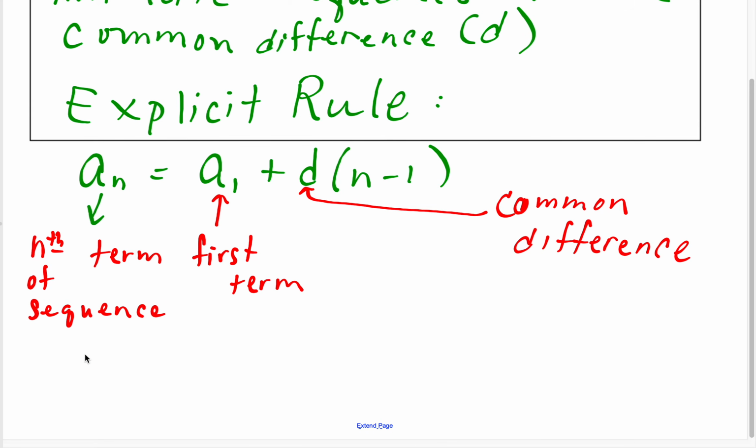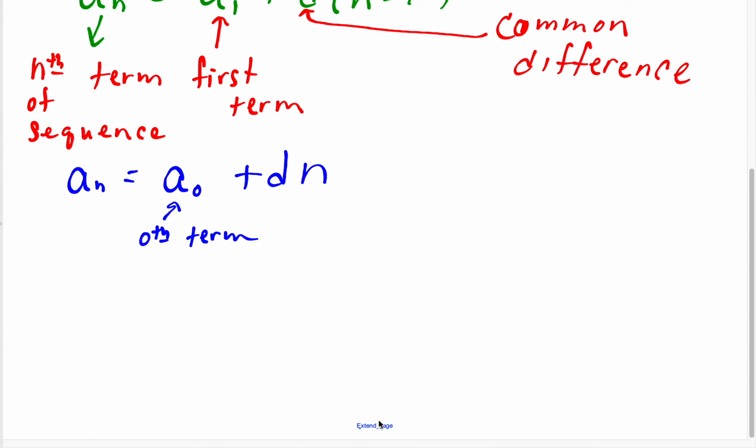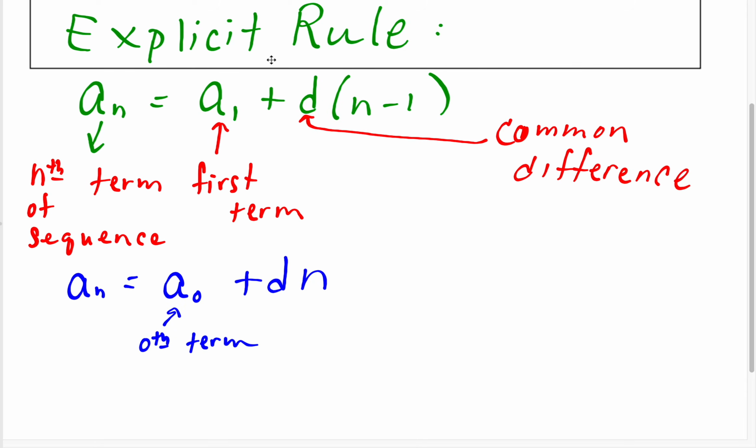Now, another way to write this, which is what we did when we distributed the letter d, is that the nth term, if we have the 0th term, we add the common difference times n. That's another way to find the nth term of the sequence. Whether we use the green formula up here or the blue formula, you're going to get the same nth term.